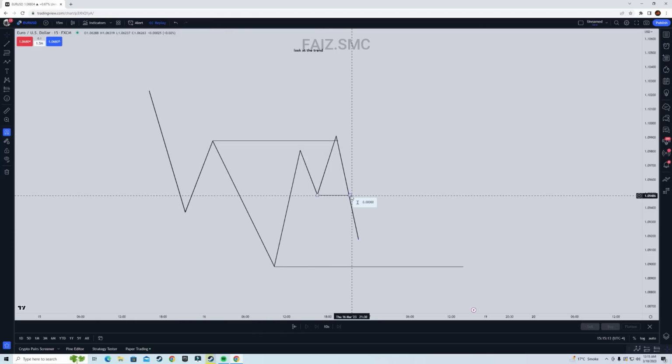Then you can say that it's a market structure shift and not a continuation or break of structure, because a lot of people would consider this a break of structure. However, this is a double liquidity sweep. It takes out this high and this high on a daily time frame, and then you have a shift in market structure on a smaller time frame somewhere around here.